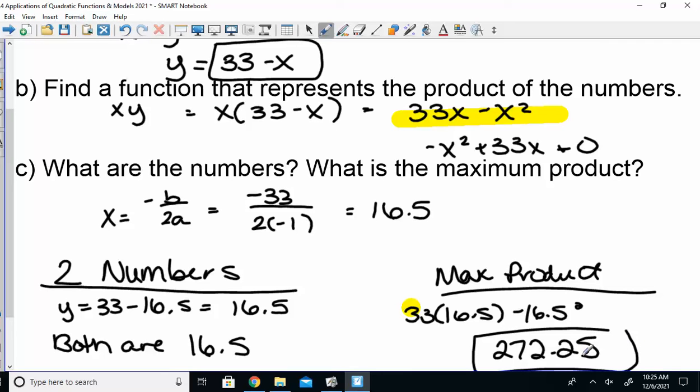So that is the largest possible product for two numbers that add up to 33. Questions on that?